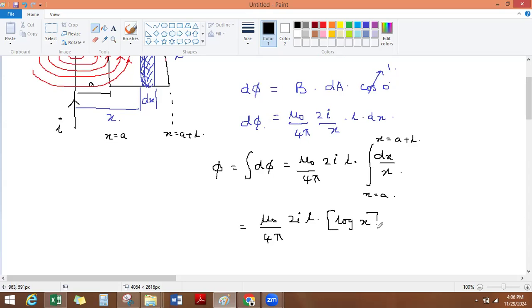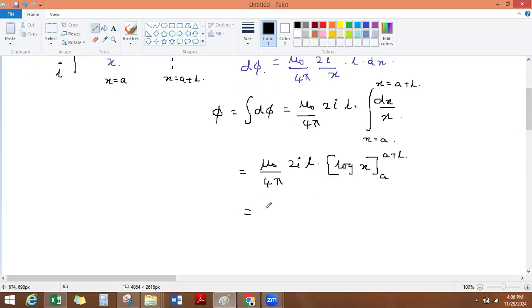Apply the limits a to a plus L. This will become log of a plus L minus log a.